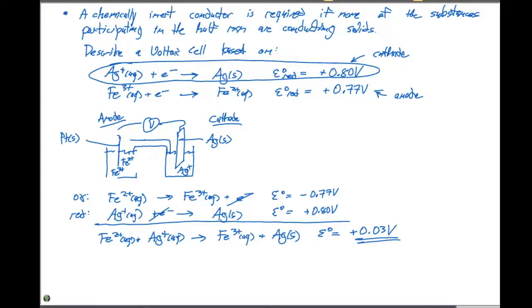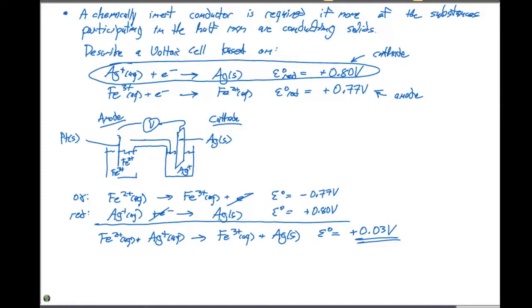So what we're doing in these cases is observing these electrochemical reactions. We can observe an electrochemical reaction by taking a strip of zinc metal and putting it in a copper solution. But by doing that, we're not creating any electricity, or we're not able to harness that electron flow.